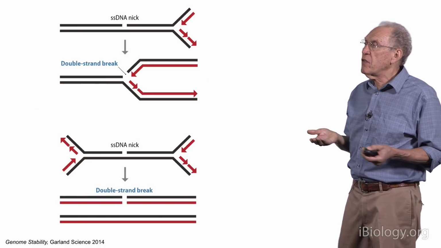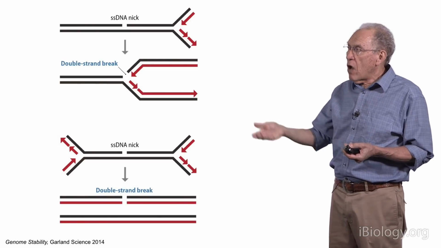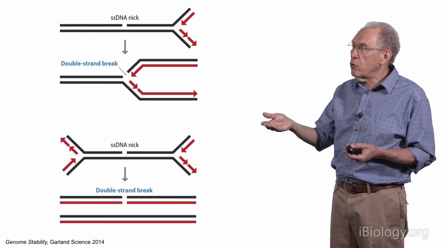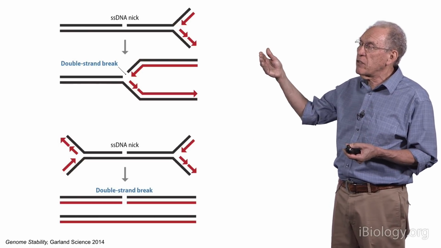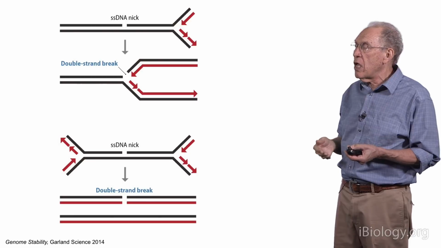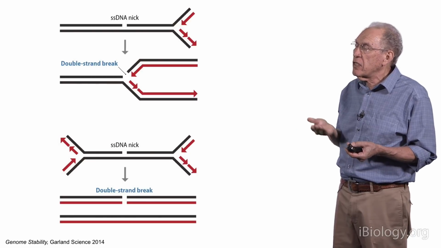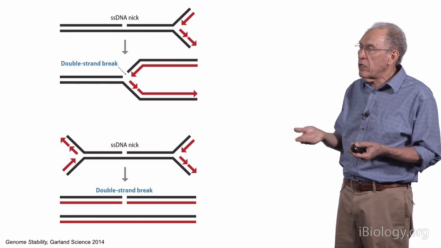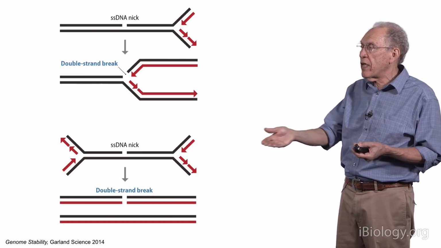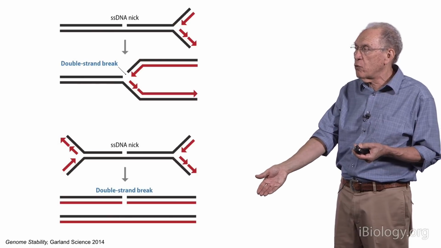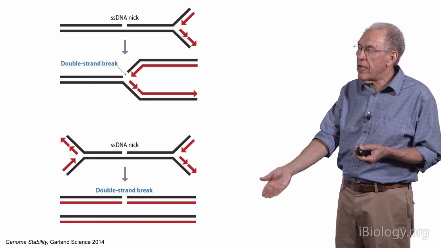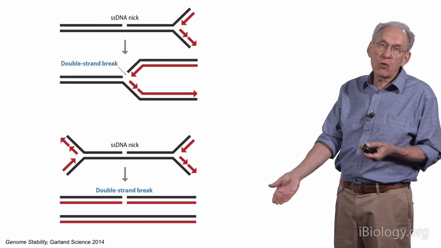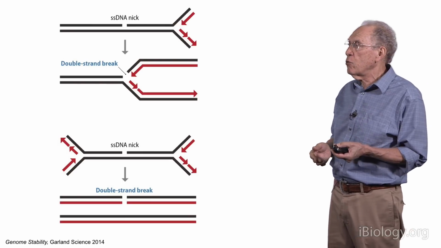So the simplest of these breaks that arise are just when one of the two strands is nicked, and as the replication fork comes through this sequence, it can't copy across the nick, and this leads eventually to the formation of a double-strand break. That essentially means that one of the two sister chromatids has a break, and the other one is intact and could be used as a template to do its repair.